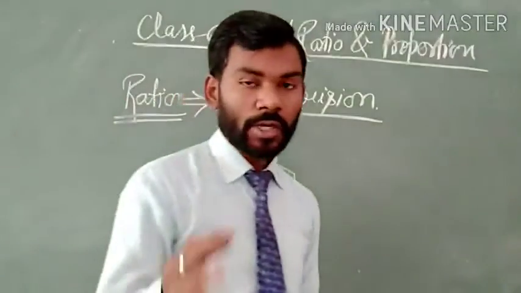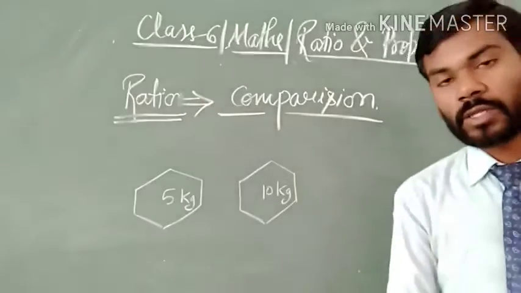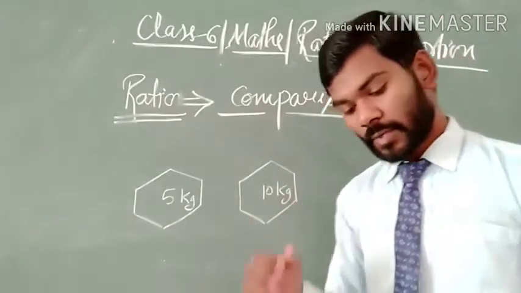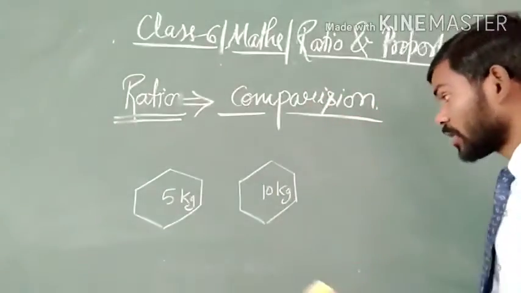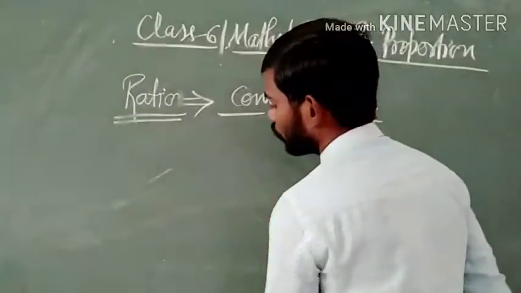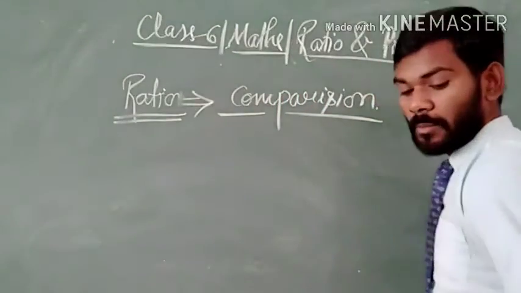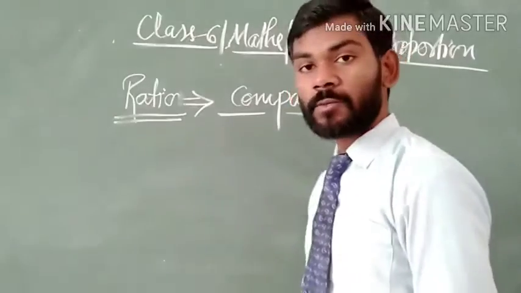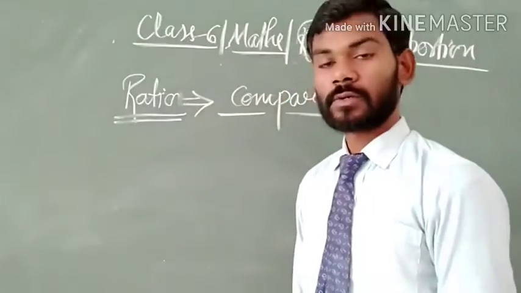So ratio is done with two quantities. Therefore ratio is done with two quantities, meaning comparison is only possible between two objects. Okay.